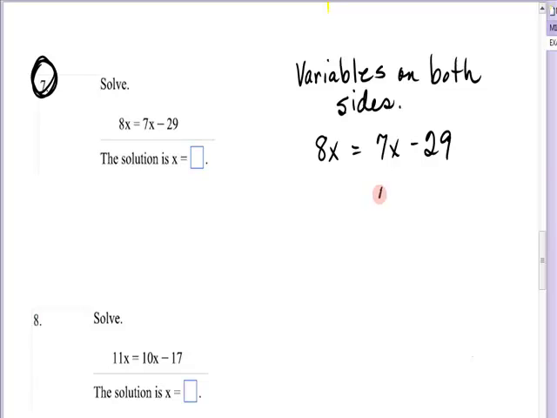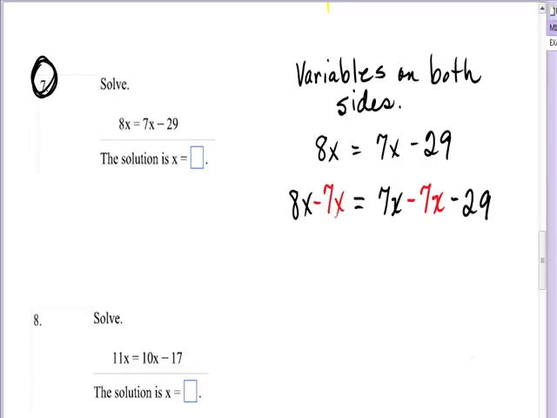Okay, so here's what I'm going to do. I have 7x and I want to subtract 7x. I'm going to copy down the minus 29. So I snuck this in, equal sign. I have 8x and I have to do the same thing. Minus 7x.